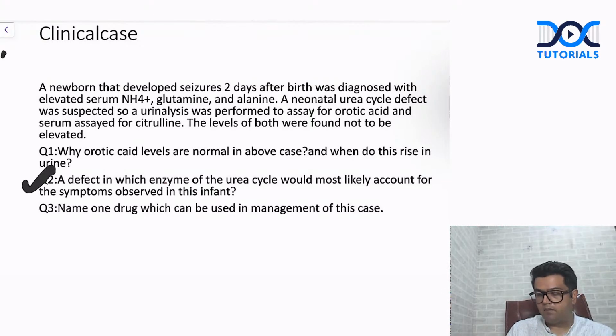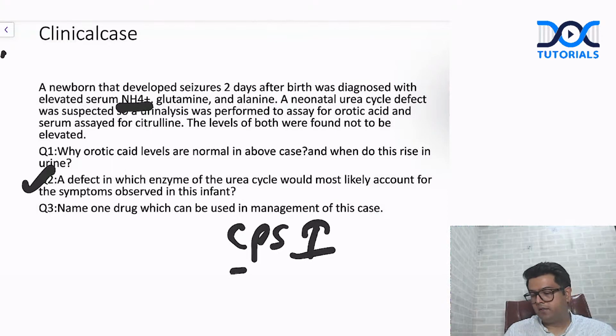Only ammonia is high, no? So what is your answer, guys? If you are listening, can you answer in the comment section? The answer is CPS1, right? Because only ammonia is high.